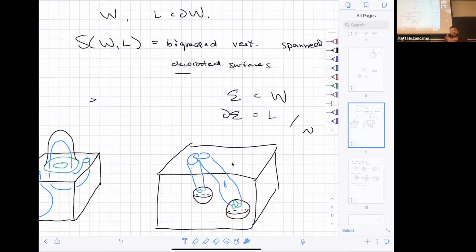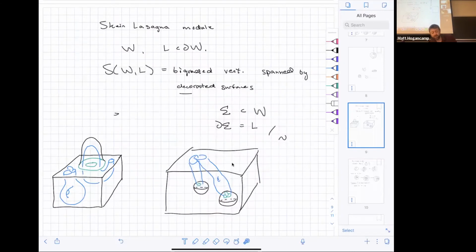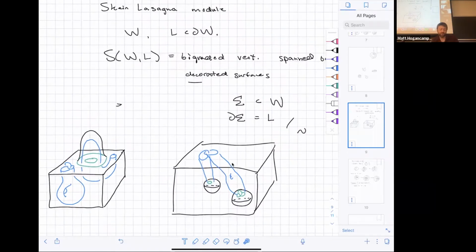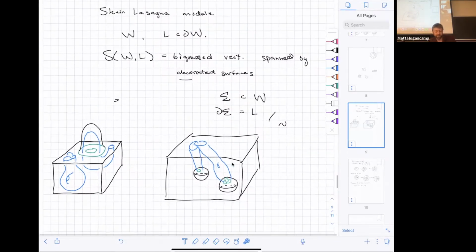Maybe you should think of it as a cone-like singularity with a Khovanov homology class at the singularity. Anyway, this is the sort of definition that I didn't want to go into in too much detail, but this is the skein lasagna module.